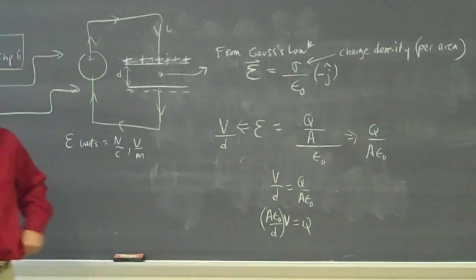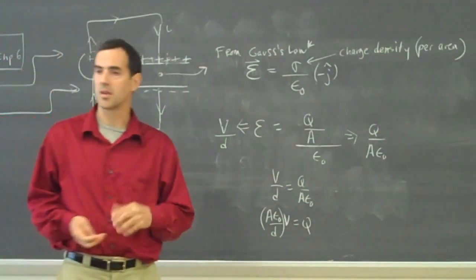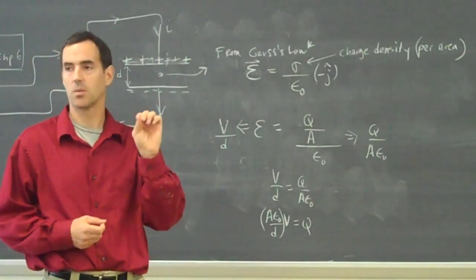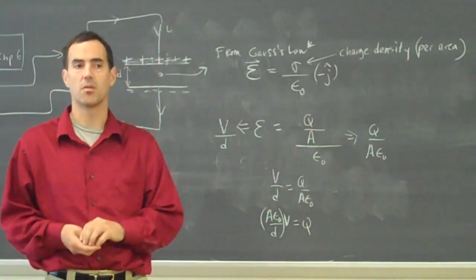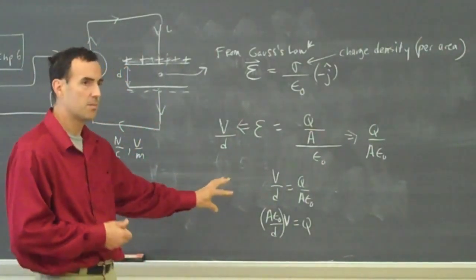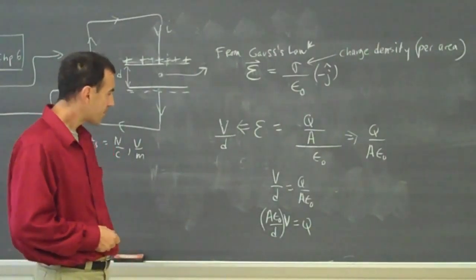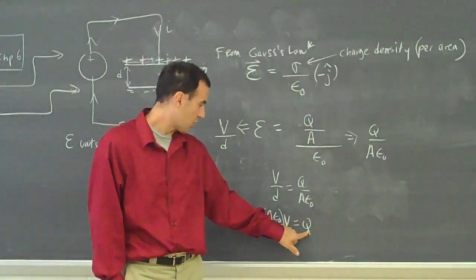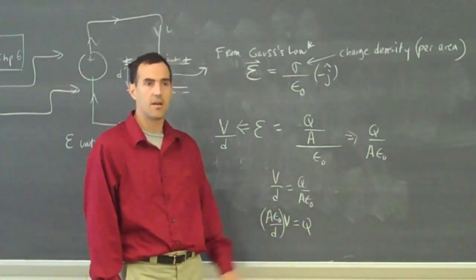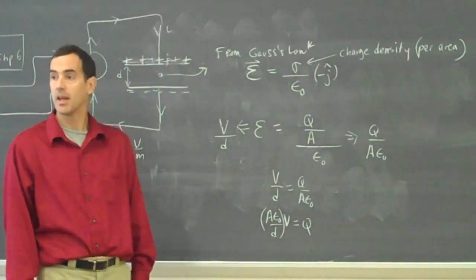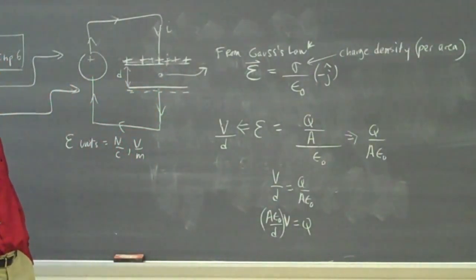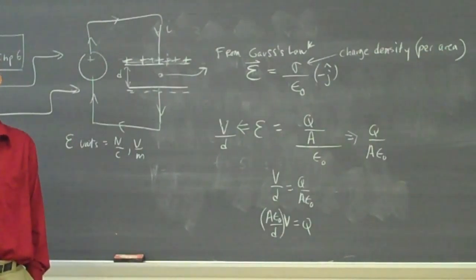For a resistor, the key relationship we used over and over again was V equals IR, the relationship between voltage and current for a resistor. I'd like to get something similar for a capacitor. What I've got now is Q and V.